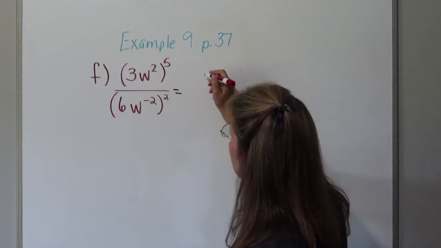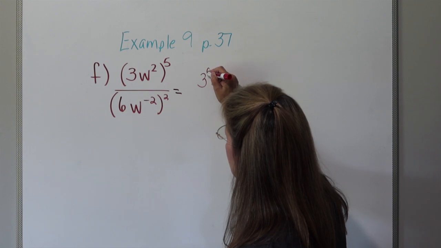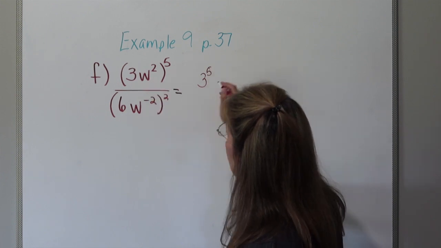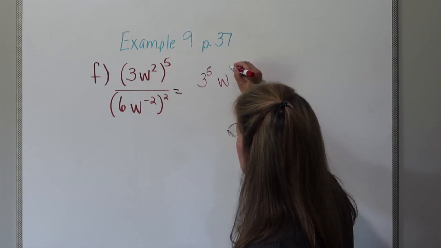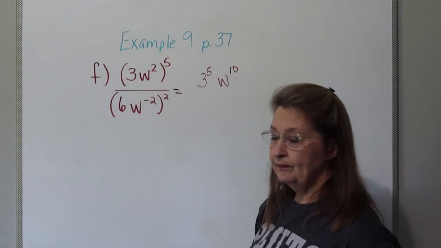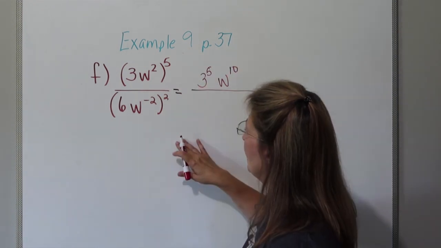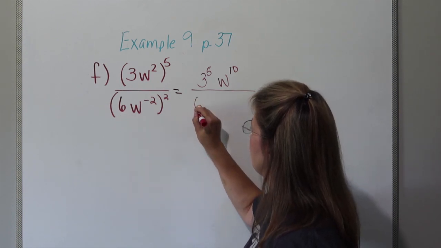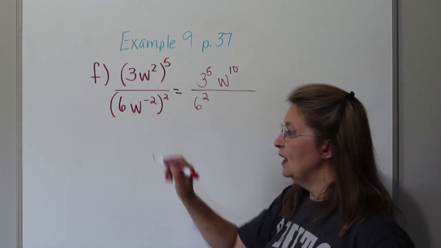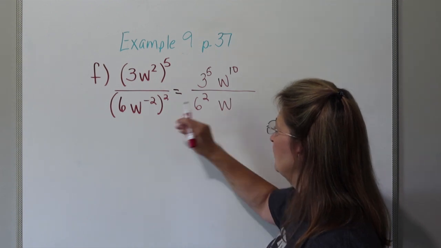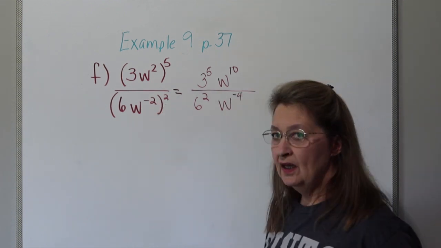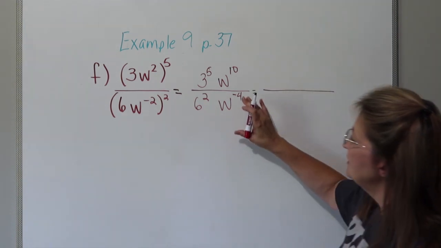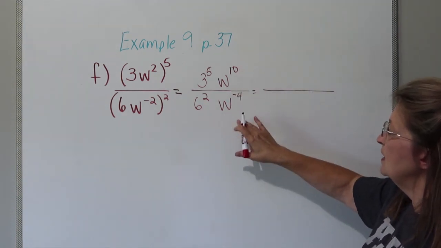This is going to simplify into 3 to the 5th. And w, what do you do when you have a base with two exponents? You multiply. All right, down here on the bottom, we have 6 squared. And then w, what's negative 2 times 2? Negative 4.